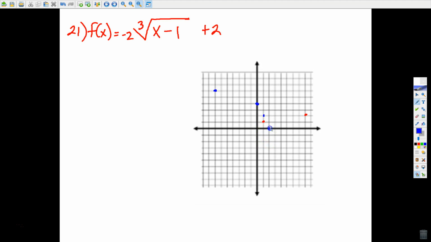Right 1, up 2. And this y-coordinate is 2, but multiplied by negative 2, it makes negative 4, right 1, up 2. And we've got the blue dots that we'll use to draw our graph. I missed that bottom one, but I guess that's close enough. So you can see how multiplying by a negative makes a flip over the x-axis.